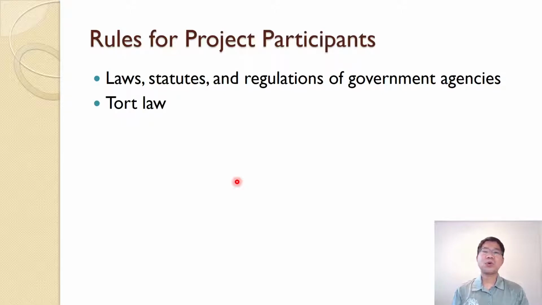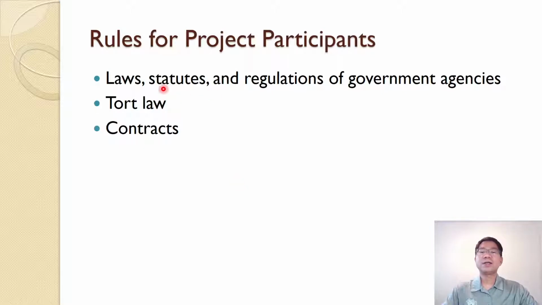And then we have tort law, and the last one is contracts. Those are the three major rules for project participants, involving the owner, the engineers, the designer, the constructors, and the subcontractor and supplier in engineering and construction projects.